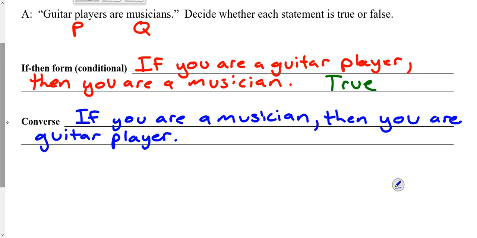Is that true or false? Can you be a musician and play something other than the guitar? Yeah, so that is false.